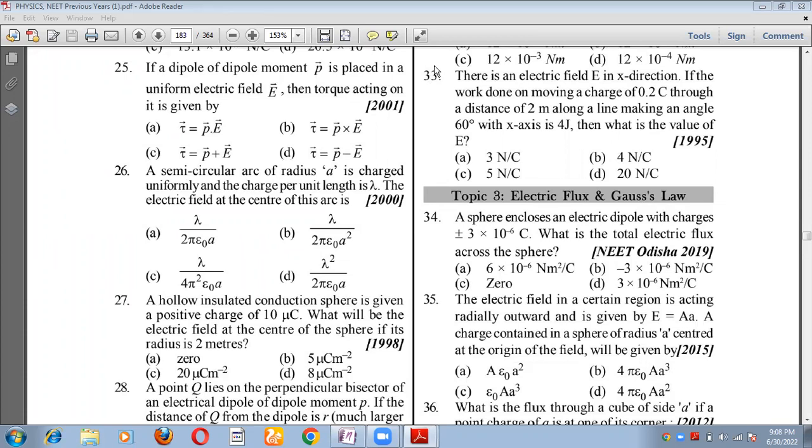So how to solve this question? Can anyone give some idea? How to find the electric field of an arc? Hanifa is saying option A. How option A, Hanifa?